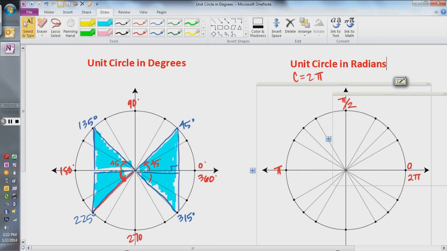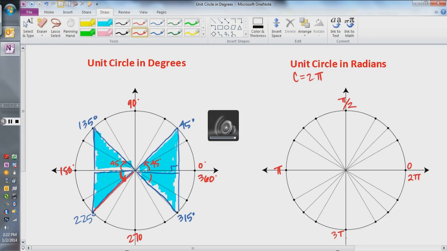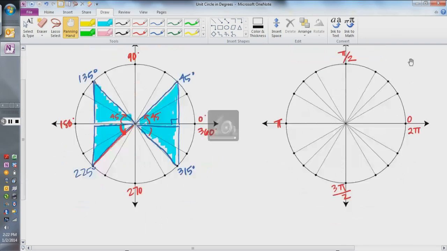So, now we're going to count. On this first arc in quadrant 1, that's 1 pi over 2, 2 pi over 2, this is 3 pi over 2, and 4 pi over 2, which simplifies to 2 pi.